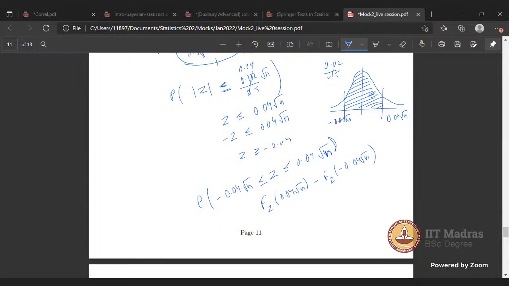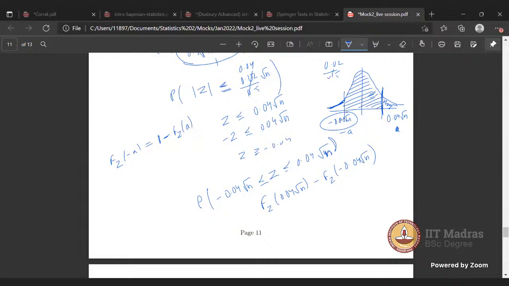So we know that fz of minus a... this probability is the same as this probability, right? Let's say this is minus a and this is a. So fz of minus a can be given as 1 minus fz of a.